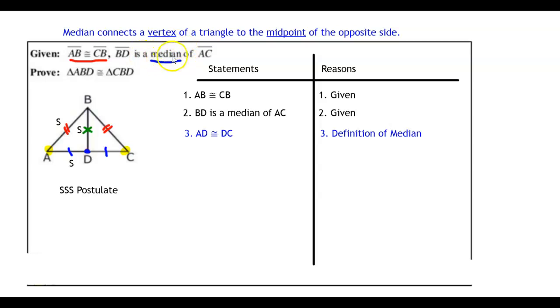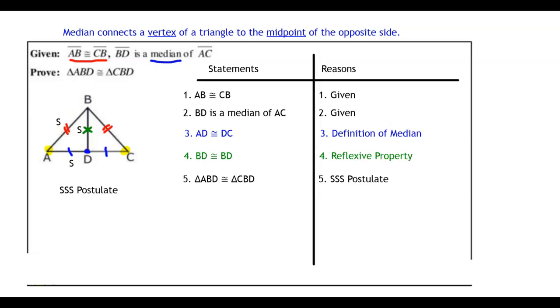Since it gives me median, I'm able to use the definition of median to say that AD and DC are congruent to each other. The next statement is based on BD being congruent to itself. That's the reflexive property. Nothing else needs to be said about that. And we can say that triangle ABD is congruent to triangle CBD because of the side postulate.